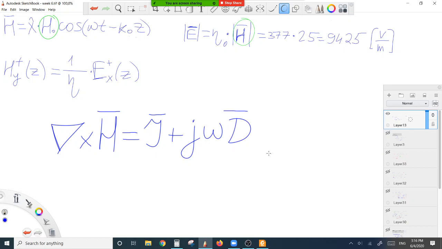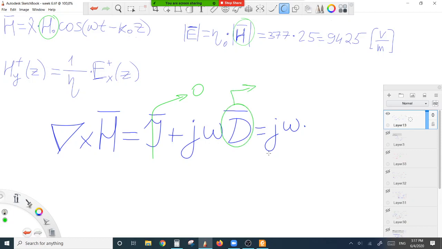As we are working in a lossless medium and in a medium without source charges and source current, J in our case will be 0 and the curl of H will be equal to j omega D. What about D?